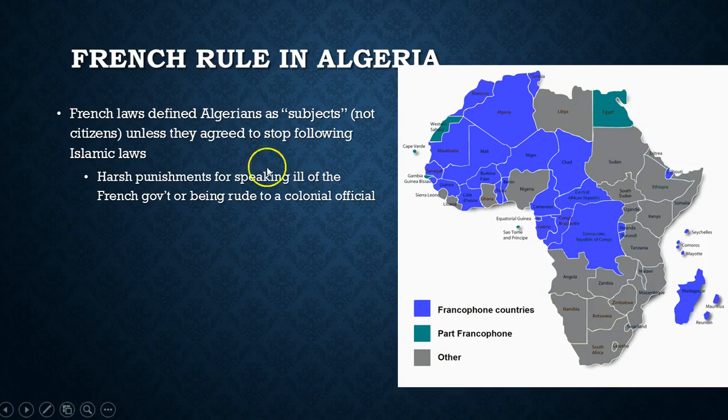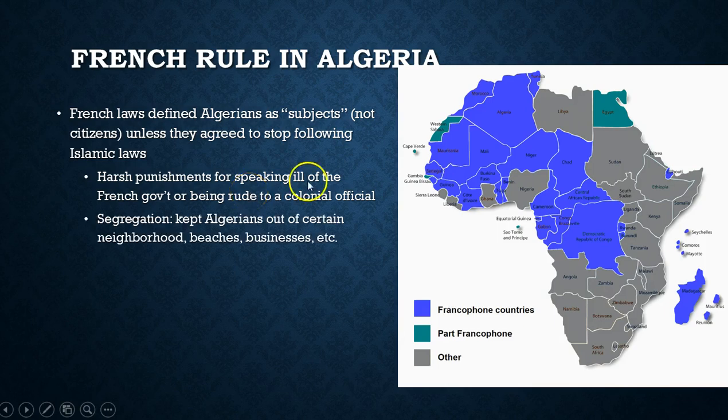However, these subjects were subject to harsh punishments for speaking ill of the French government or being rude to a colonial official. They were also massively segregated. Algerians were not ethnically what we typically think of as African. They spoke Arabic and they were Muslim. So these Algerians were kept out of certain neighborhoods, beaches, and businesses because they were not French citizens.